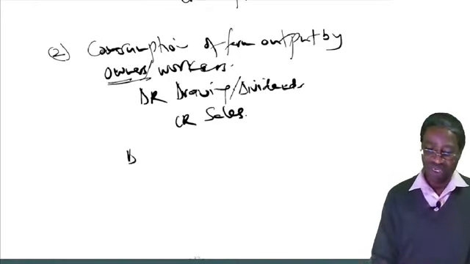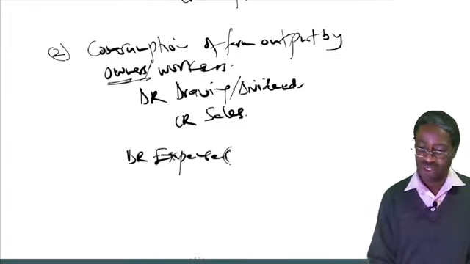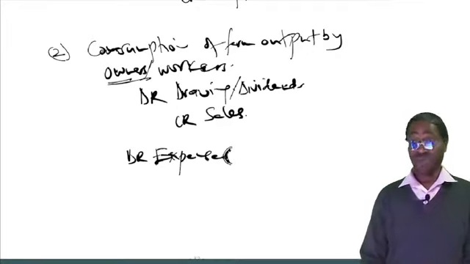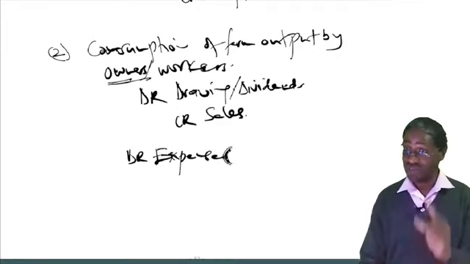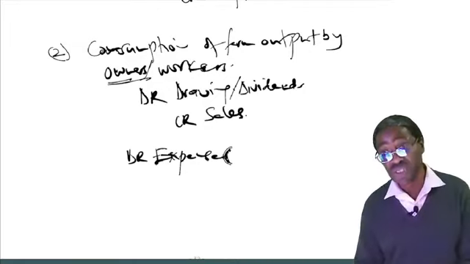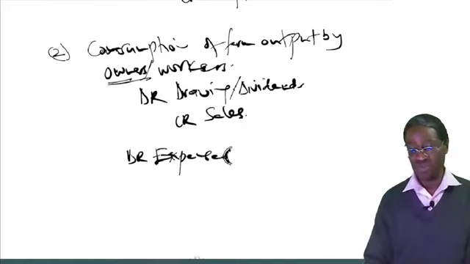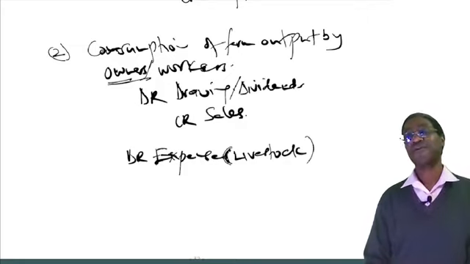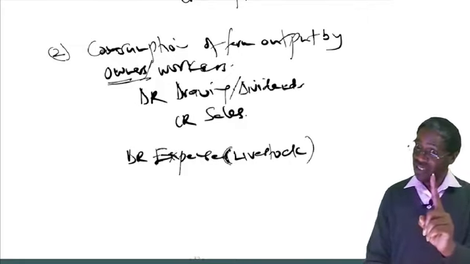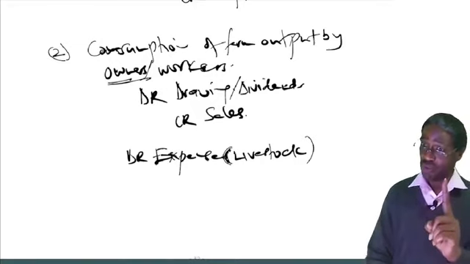So, debit expense. You debit expense of which account? I've said this is a livestock worker who consumes vegetables, so it becomes an expense of the livestock. Put in bracket livestock. Then the vegetables are coming from the crop.